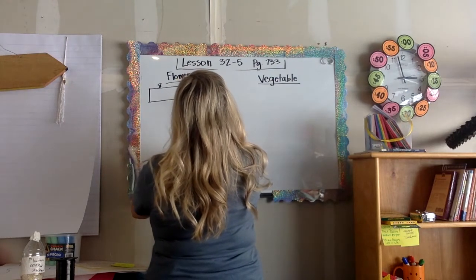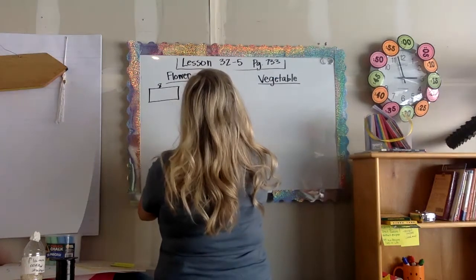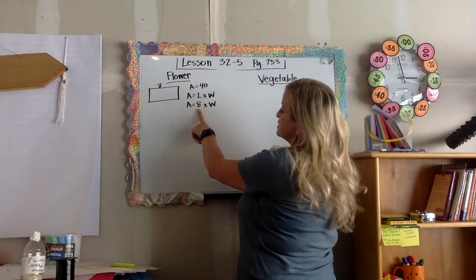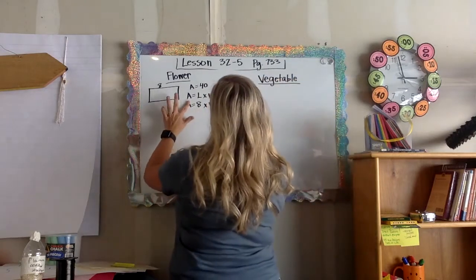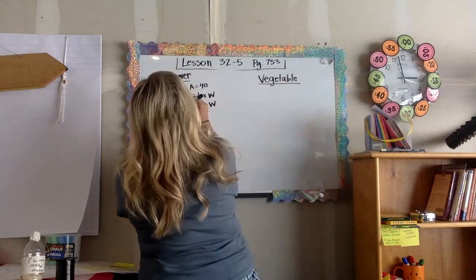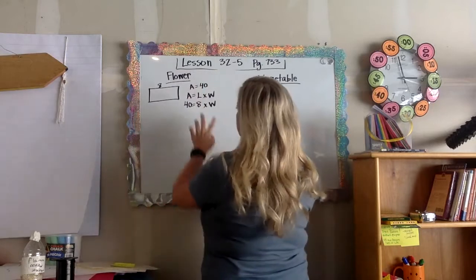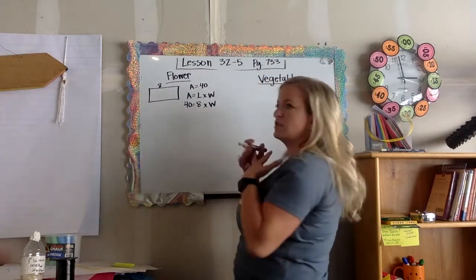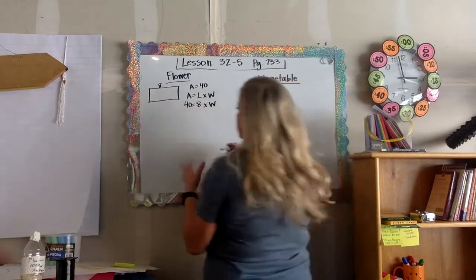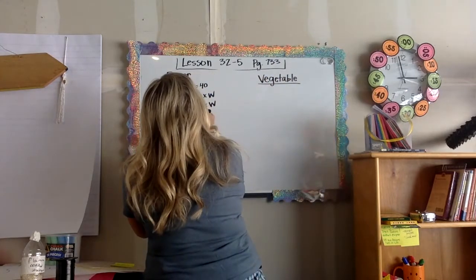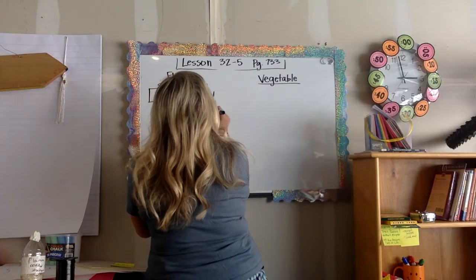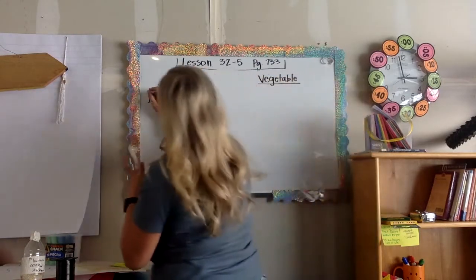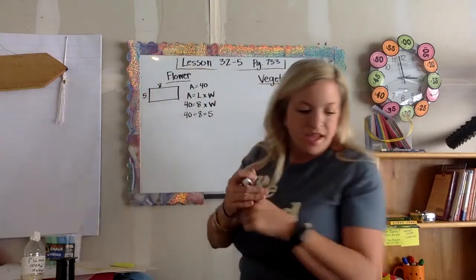They gave us the length of 8 feet. They also gave us the area, which is 40. So you need to say, what do I multiply by 8 to get to 40? Or if you know your division, you can take 40 and divide it by 8 and you get 5. So now I know my other side is 5.